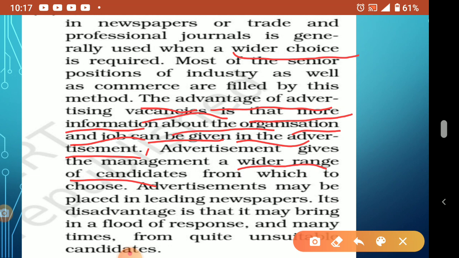Understood? So usually they will not do it like that, they directly conduct one examination. Those who are very suitable will surely pass and come for interview. That is why they are making a selection process. Sometimes we think why they are conducting a test and also an interview, but this is actually the reason: they may not have time to process it properly, and they want to get a good qualified one, the best candidate.